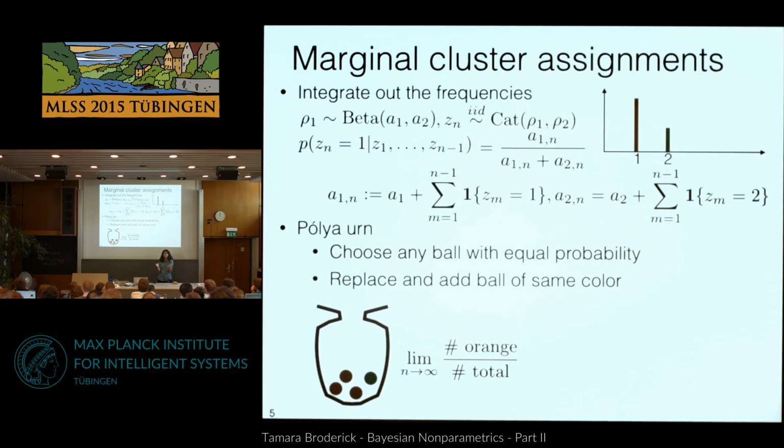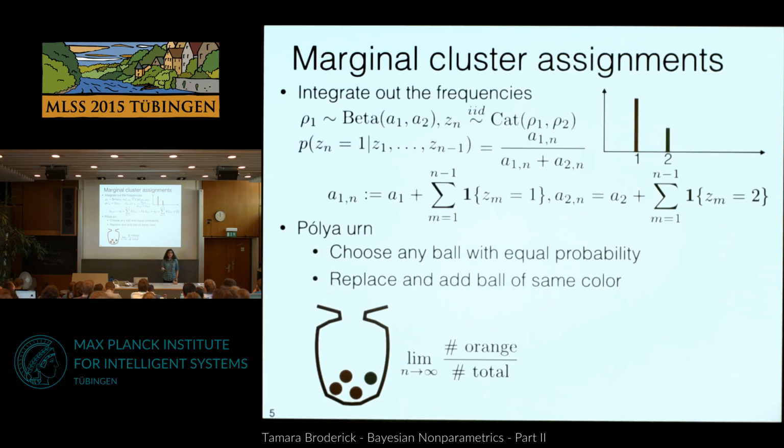And what we'd like to do is say, what's the distribution of the z's without involving the rhos, just on their own? And so that's what we did here. We calculated the probability of Zn equals 1 given all of the other z's. And what I wanted to say is that this contains all of the information that we need. The fraction of z's that are equal to 1 at the end of the day is going to be rho 1.